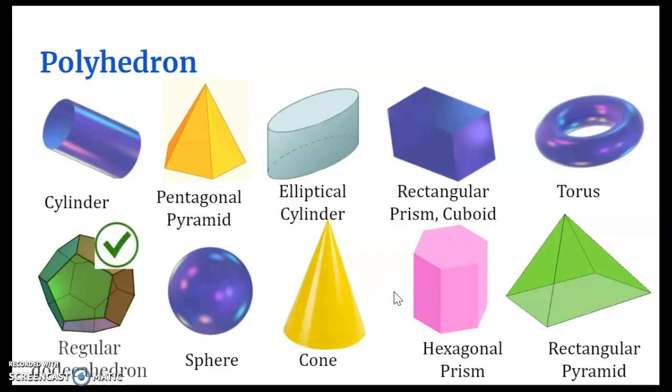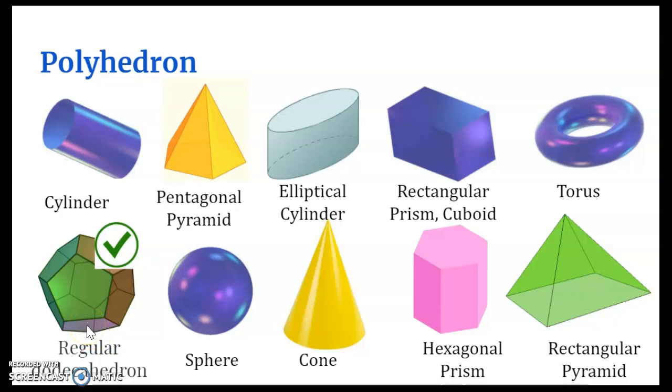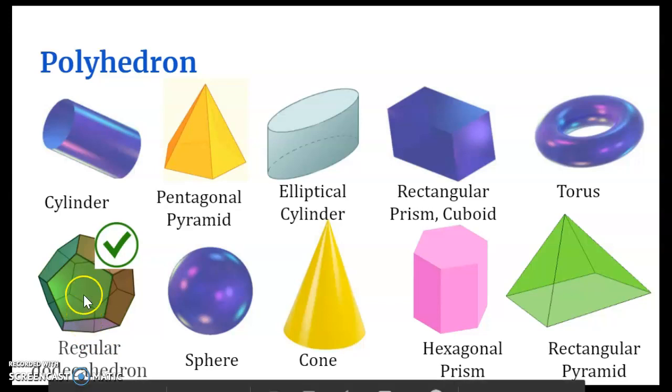Alright, so which of these are polyhedra? Well, this is a regular dodecahedron. It's 1, 2, 3, 4, 5, and 6 times 2, so a 12-sided shape, and that is a polyhedron.